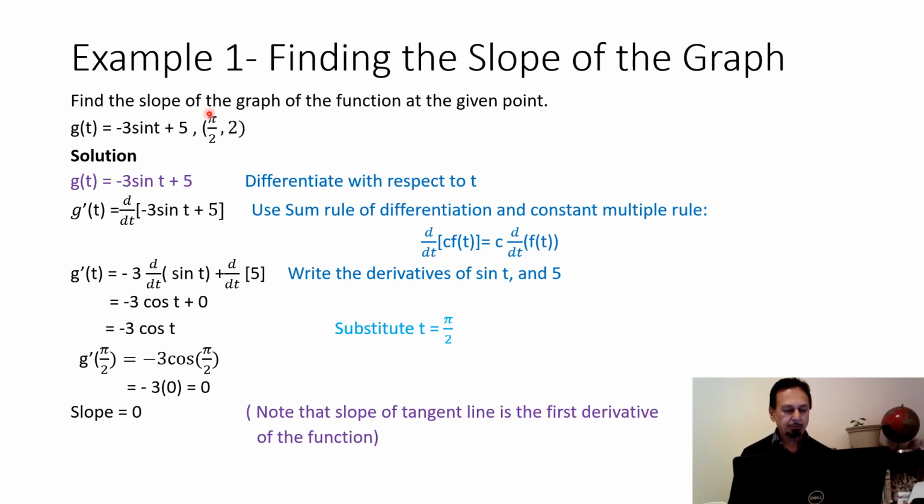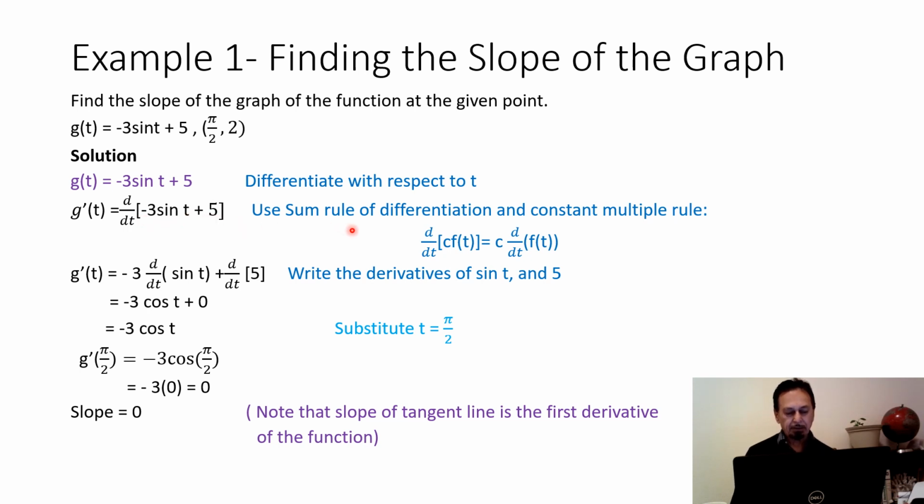Example 1. Let's find the slope of the graph of the function at the given point. Let's start with the function g of t equals minus 3 sine t plus 5. Differentiate with respect to t. So g of t becomes g prime t, and we can put d over dt of minus 3 sine t plus 5.